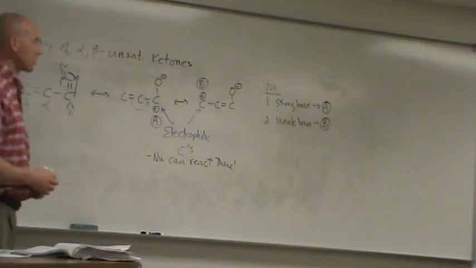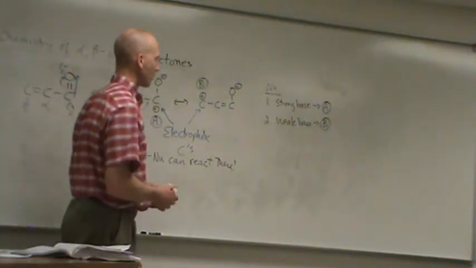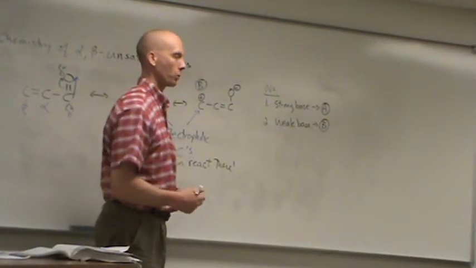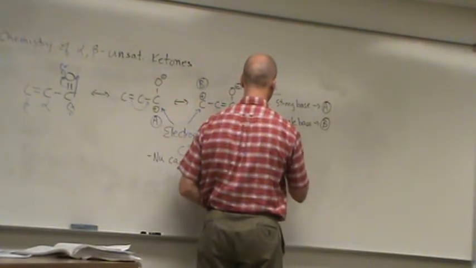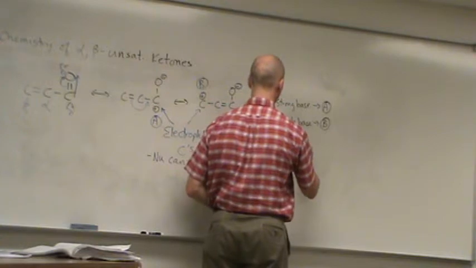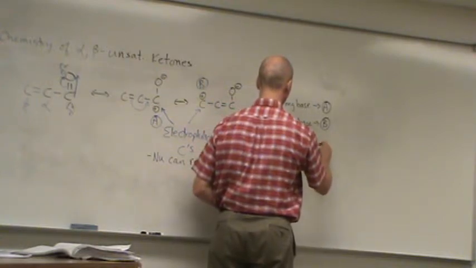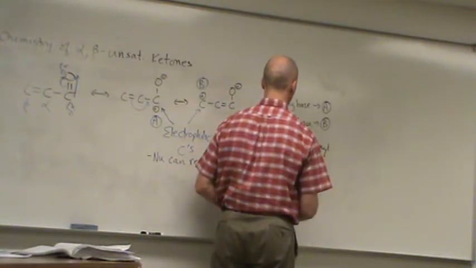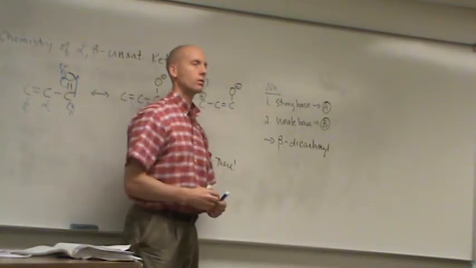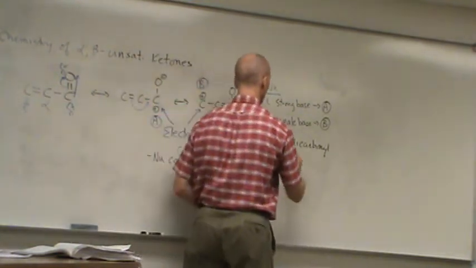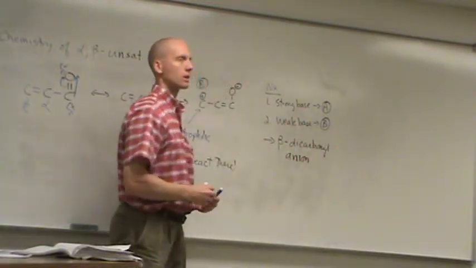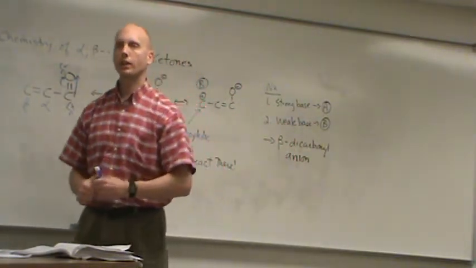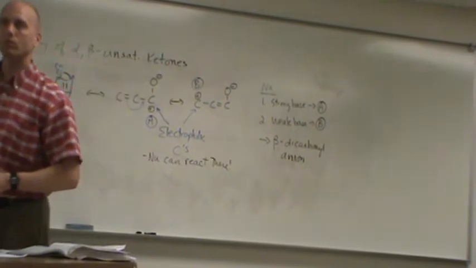So you might say, what's an example of a weak base that you want to use? We're going to use a beta dicarbonyl anion. Things we were just using.